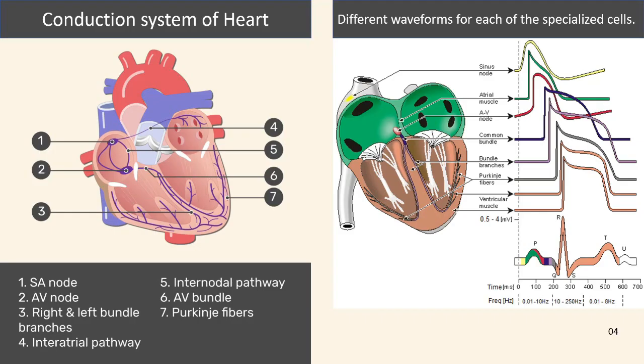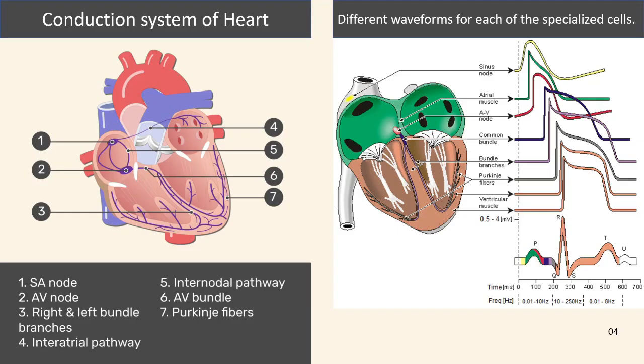One node is the SA node, the sinoatrial node, which originates the pace of the heart, also known as the pacemaker, and through the internodal pathway, it connects to the AV node, through which the pace is set to the whole heart through various branches and fibers.